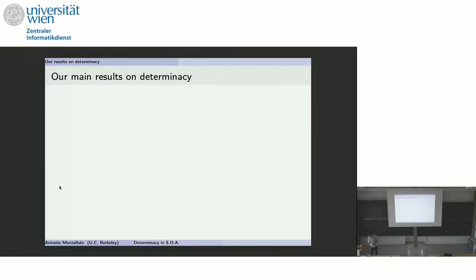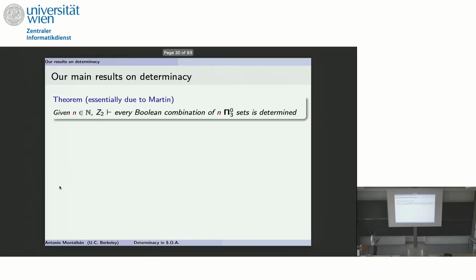Okay, so what are our results? If you look at the parts of Martin's proof that actually work, you can see that given a fixed natural number n, second-order arithmetic can prove that every Boolean combination of n boldface Pi 0 3 sets is determined. But the larger the n, the more axioms you need.